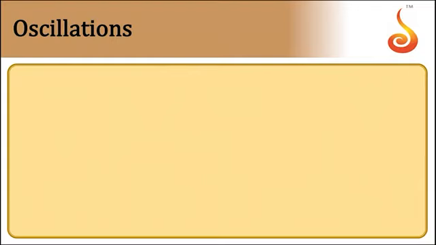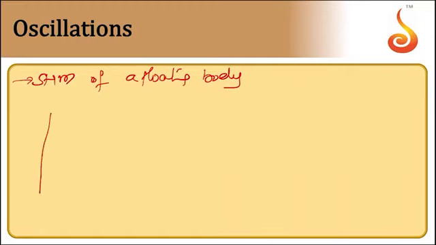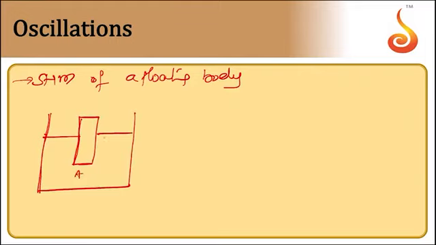Or if you consider SHM of a floating body, consider an object which is floating like this, whose area of cross section is A and h is the depth of immersion, rho is the density of the liquid.